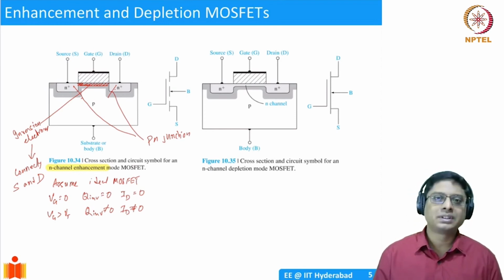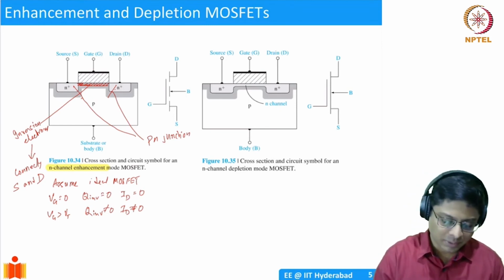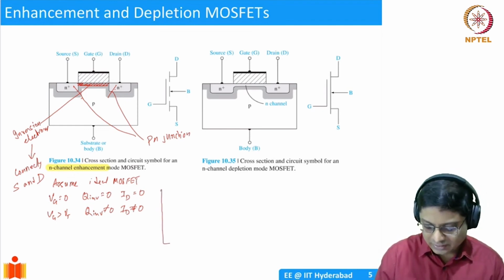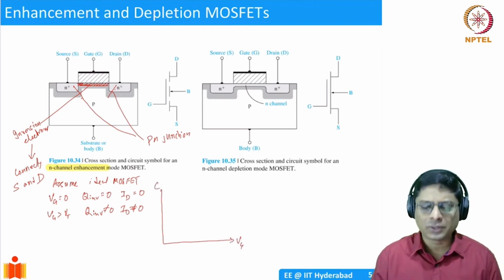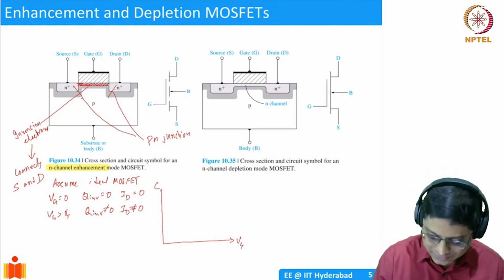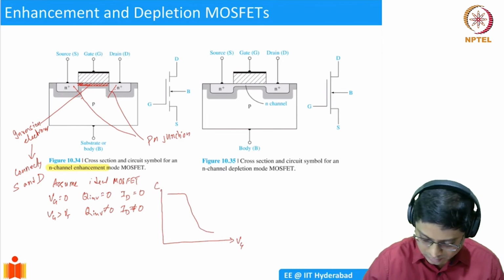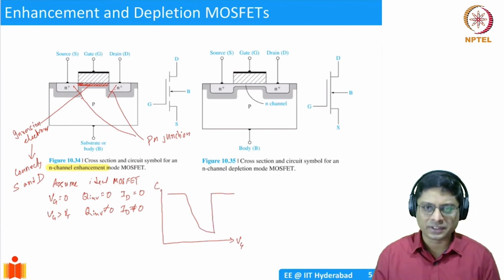But if you remember, you don't need to have this scenario all the time, because we already studied the CV, right? We said if you have a Vg axis like this, and let's say this is C, if you take an ideal MOS capacitor, the CV is something like this. I'm showing the LFCV.